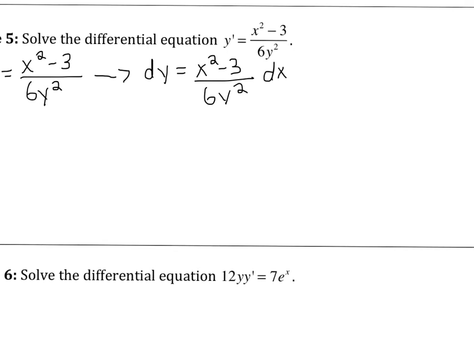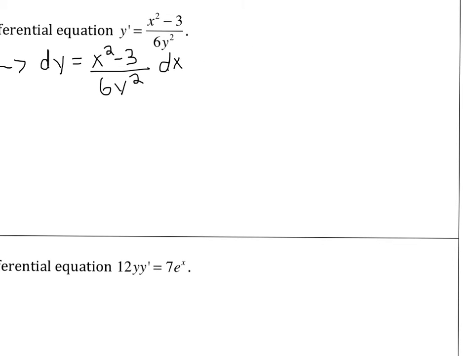And then I'll multiply both sides by 6y squared to bring all the y terms onto the left. So I'll end up with 6y squared dy equals x squared minus 3, technically we want this in parentheses, dx. Yay, my variables are separated.